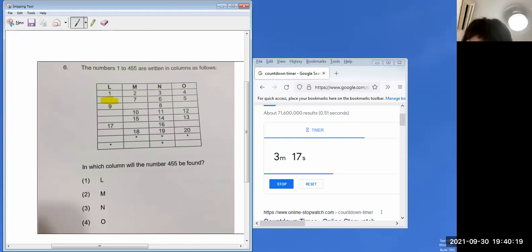So this is empty space, empty space, empty, empty, empty, empty, empty, empty, empty. Okay, what do you observe? So what's the pattern?